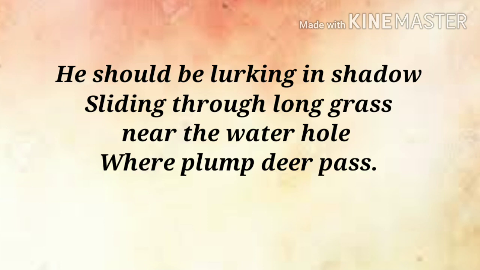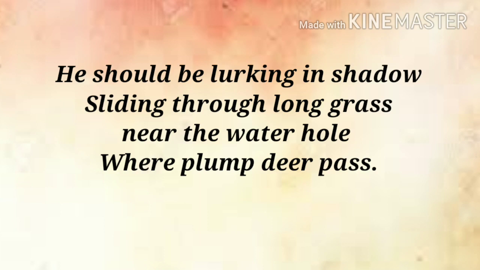In this stanza, the poet is filled with pity while looking at the locked tiger in the zoo. Here, the poet imagines another life for the tiger. He says that the poor tiger should have been in his natural habitat, that is in the wild, in the jungle.